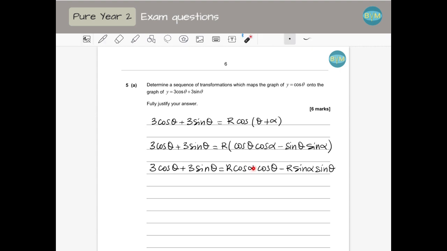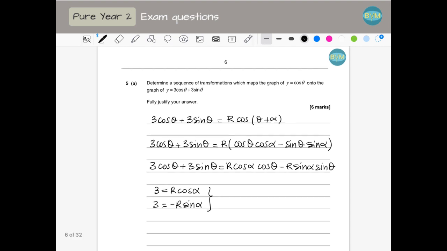And if we compare, because cos alpha and sine alpha are just numbers and theta is the variable, the coefficient of cos theta on the left-hand side is 3, and it's equal to the coefficient of cos theta on the right-hand side, which is r cos alpha. If I do the same with sine theta, the coefficient is 3 on the left-hand side, and on the right-hand side it's minus r sine alpha. I can make them equal.